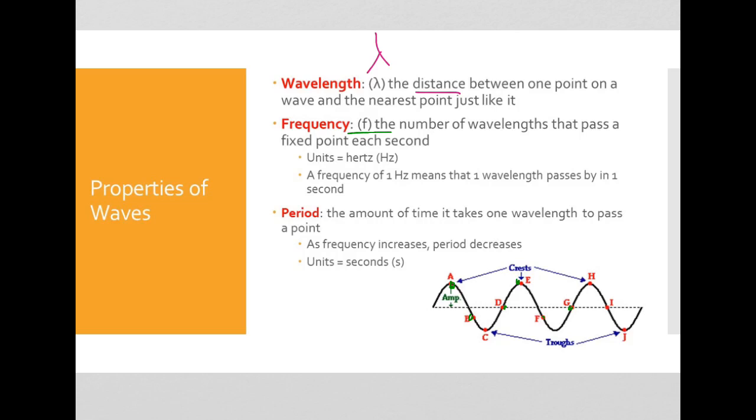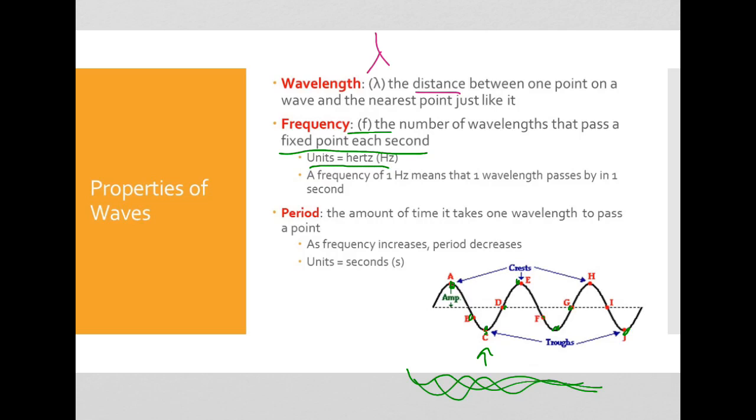The frequency, or lowercase f, is going to be the number of wavelengths that pass a specific point each second. So say I'm here and I'm watching letter C, and waves are passing me and passing me and passing me. I will count the number of waves that pass. C is easy, so every single trough that occurs, I will count how many of those pass each second.